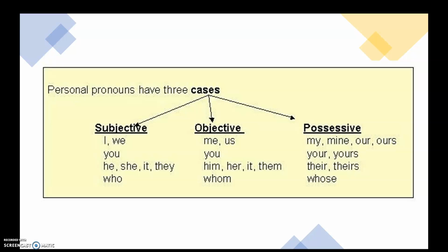Similarly, if I'm using a pronoun to indicate possession, it's either a possessive adjective or just a possessive pronoun, and I would use different forms of I or me. So my, mine, our, and ours are the possessive forms of your first person pronouns in the singular and plural.